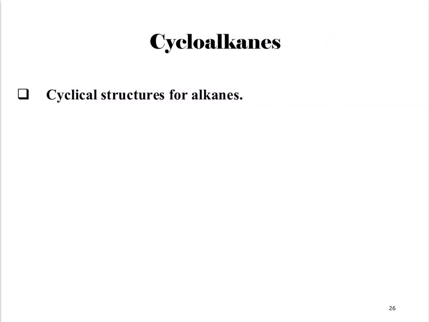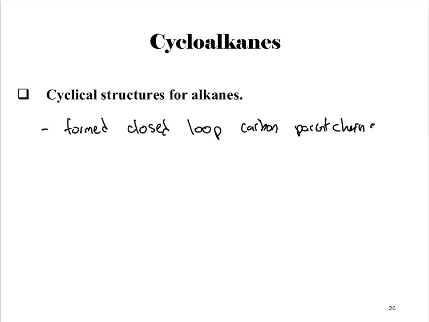Okay, so the next thing is cyclic structures for alkanes. And so these form closed loop carbon parent chains. So the parent chain here forms a closed loop.